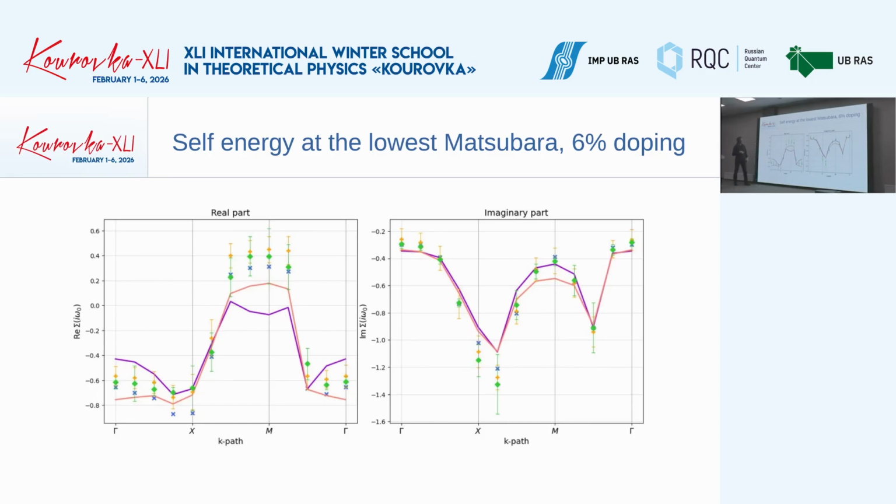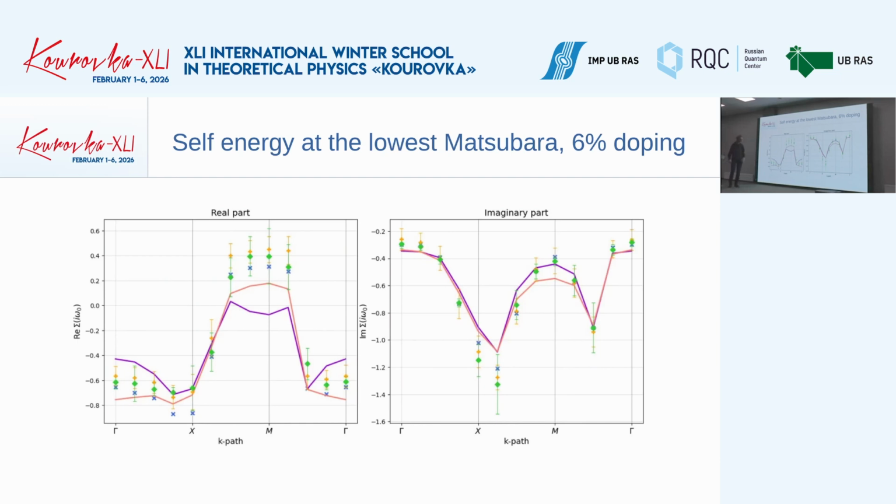So here the blue dots are our QMC results, and these two sets are obtained in that Science paper. So what you see from here is that the error bar of these numerically exact methods is actually huge.